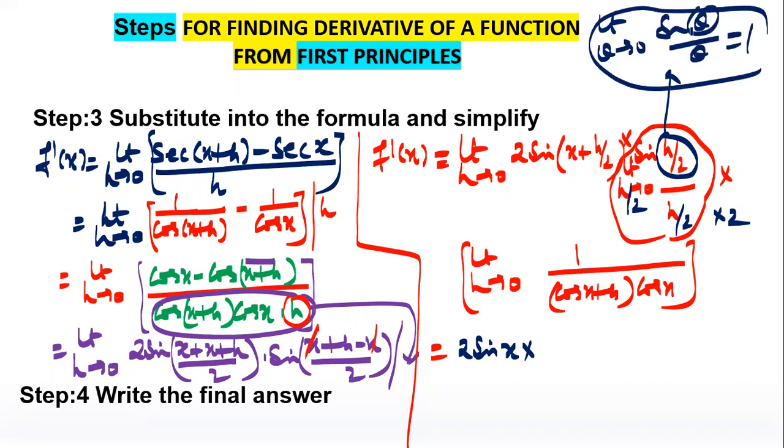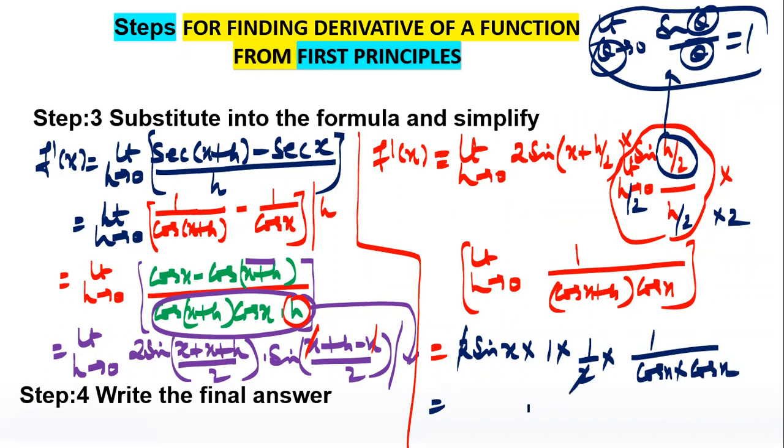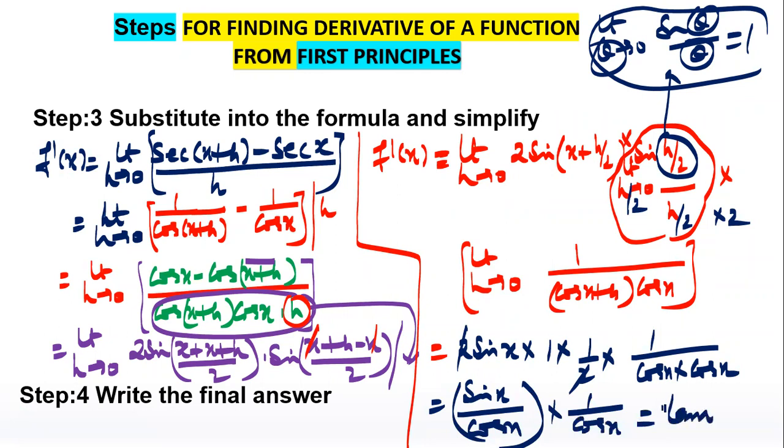But these three should be the same, only then its value is 1. So its value is 1 into 1 by 2 as it is, into 1 upon cos x into cos x. That is sine x upon cos x, I can write it like this, into 1 upon cos x. That is tan x into sec x.